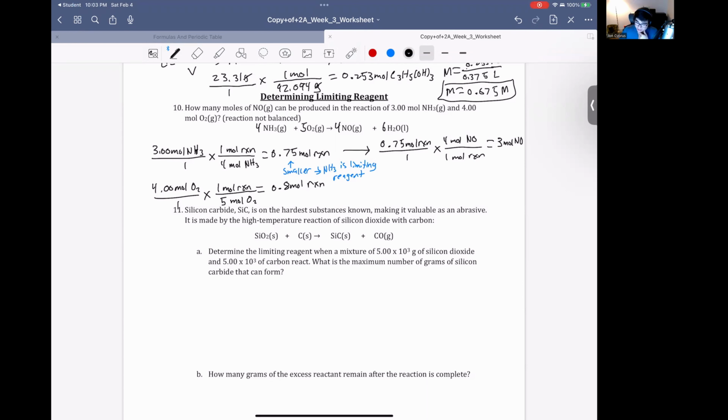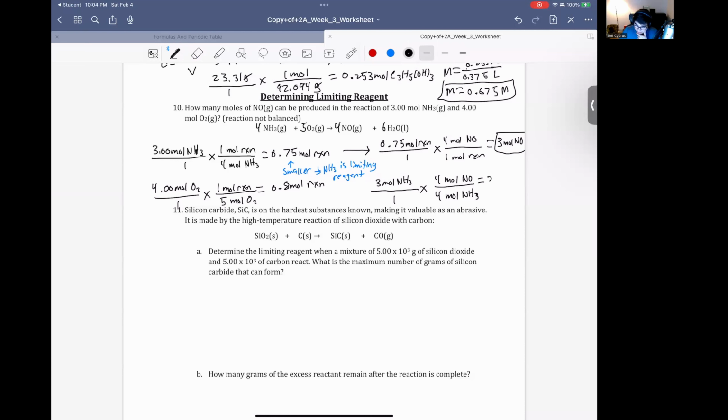The other way you could do it is this. You could say 3 moles of NH3, right? And in every reaction, and this is your stoichiometry, for every 4 moles of NH3 used in this reaction, I get 4 moles of NO, right?